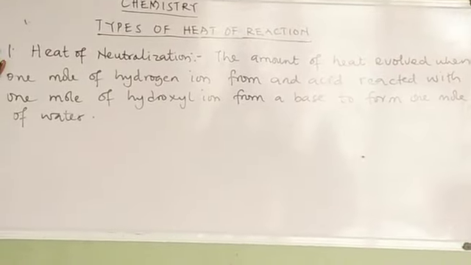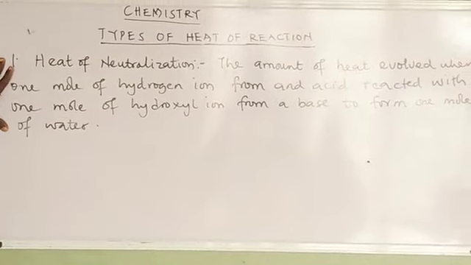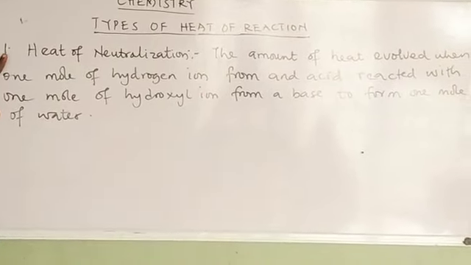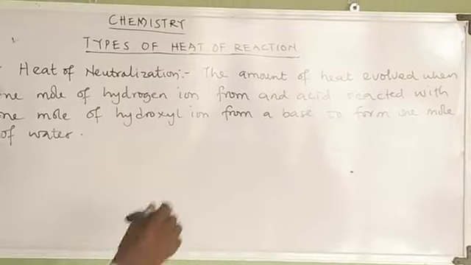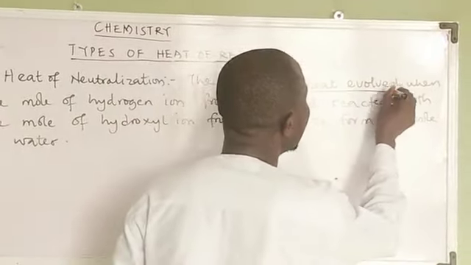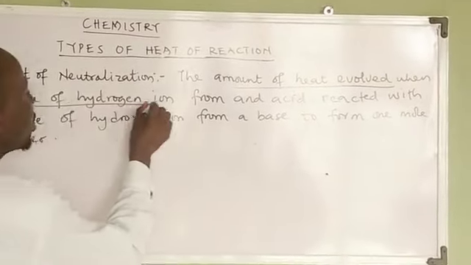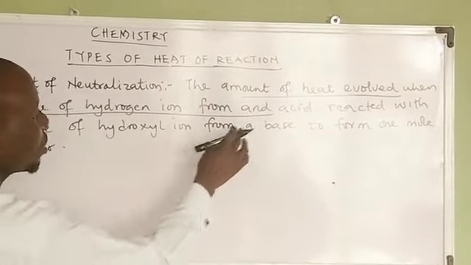Look at this definition. What are the salient points that examiners will mark in this definition? This is one of them: amount of heat evolved. 1 mole of hydrogen ion from an acid.